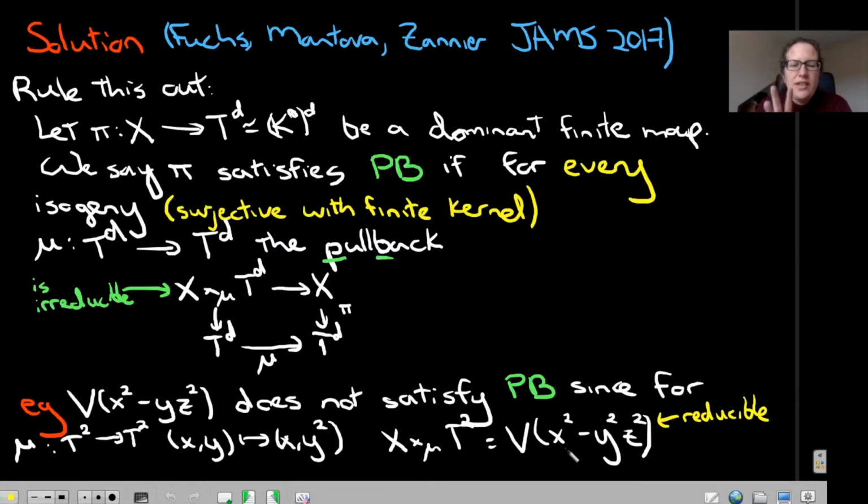So one of their observations was that failing this pullback property is the problem. While I won't go into it, there are plenty of examples that do satisfy the pullback property. So it's not the case that every variety and every projection fails this pullback property. Any questions, comments?